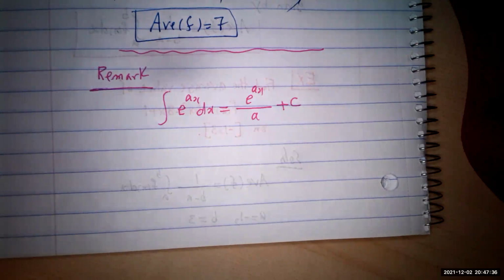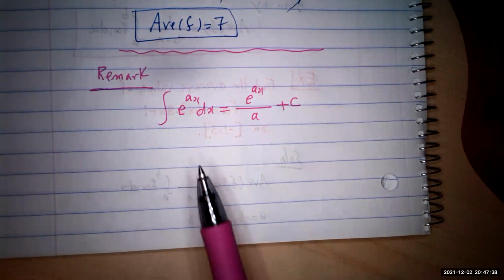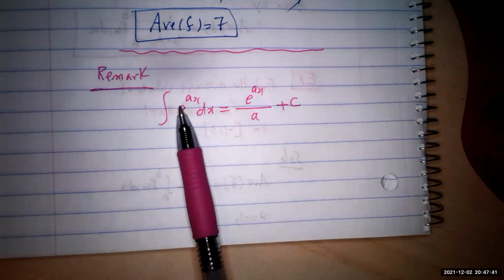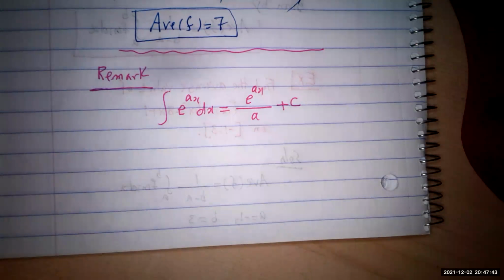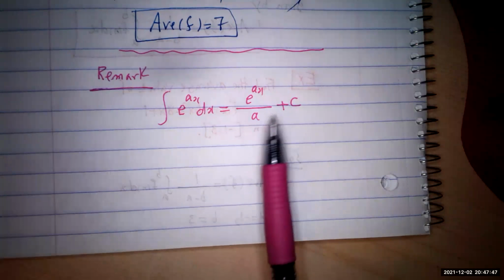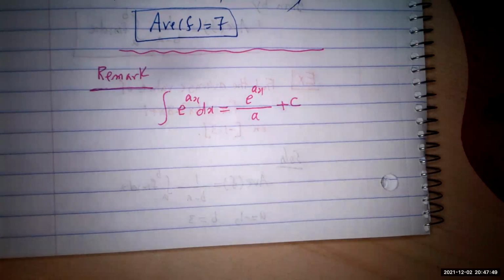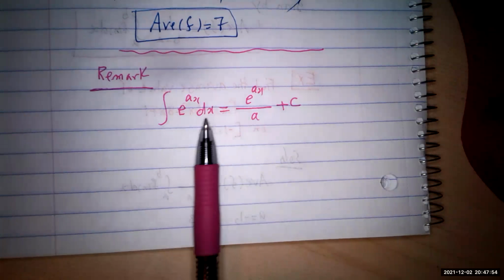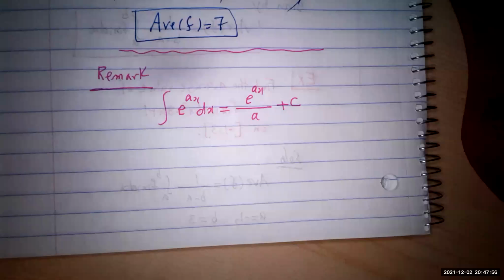Otherwise, you have to use the substitution method. You take u to be ax, you change it into the integral of e to the u du, and you arrive at the same result. But you can use it just for this one, nothing else. Any question?